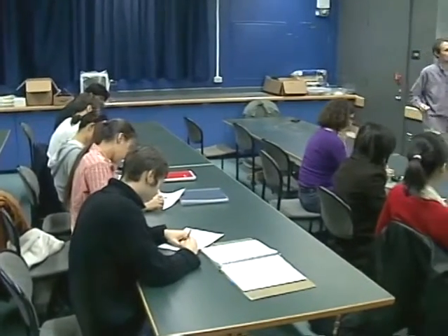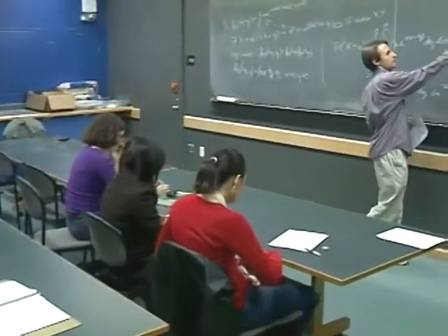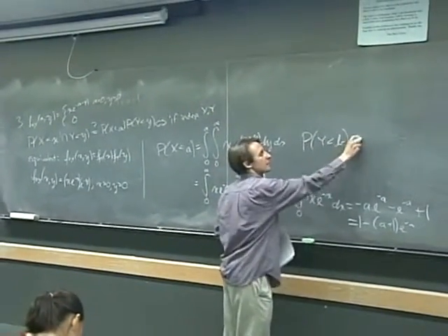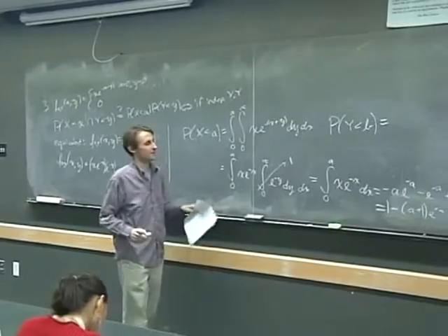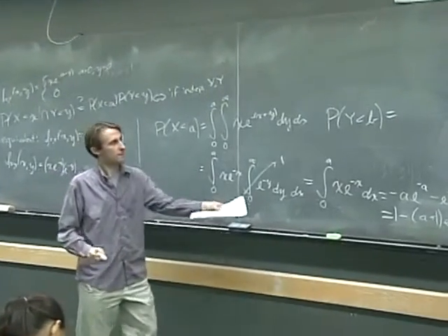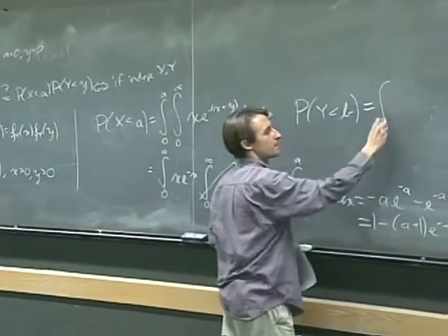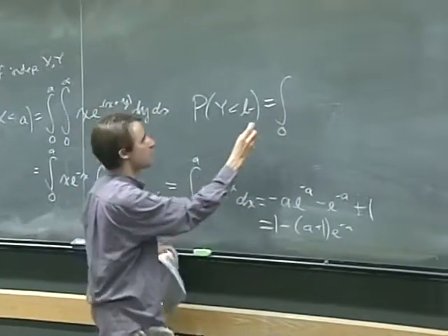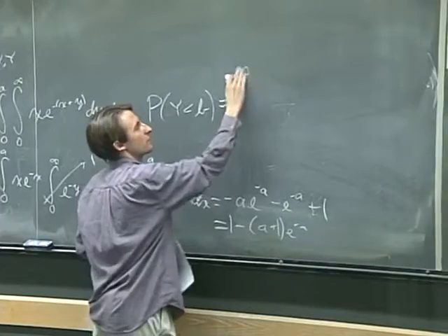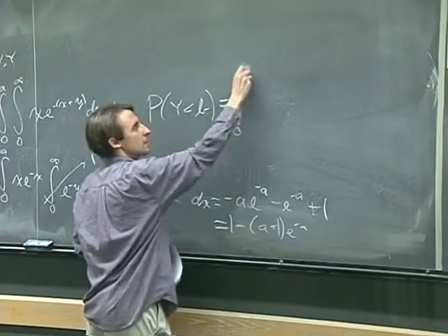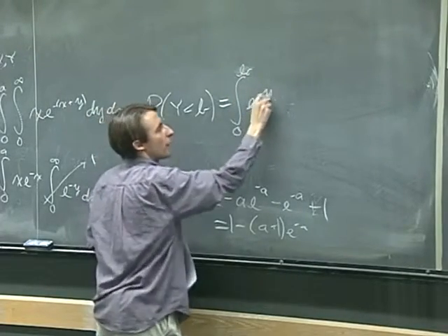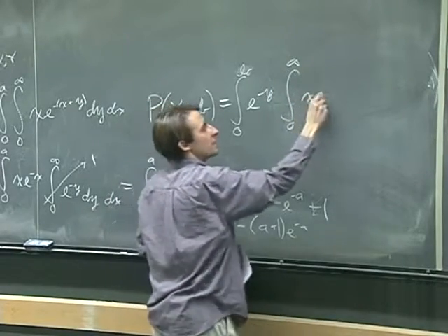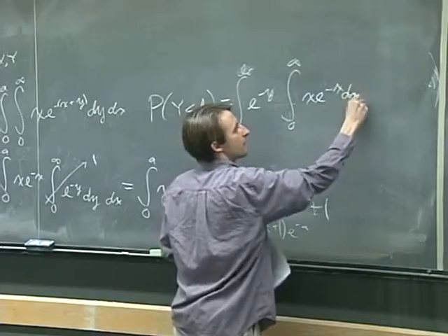Okay, well, let's look at P of Y is less than b. It's very much the same, but this time it's going to be even easier. Well, factoring this thing out again, this time we'll be taking 0 to b of e to the negative y times 0 to infinity of x e to the negative x dx dy.